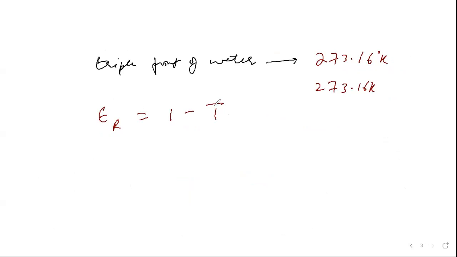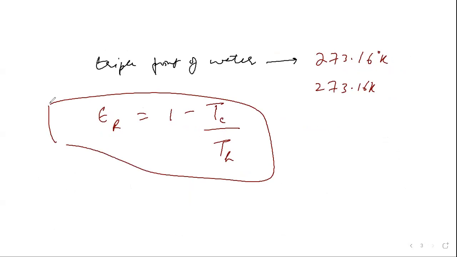You can write it 1 minus Tc by Th. So efficiency of a Carnot engine or reversible engine is given by 1 minus Tc by Th, where Tc is the absolute temperature of cold reservoir and Th is the absolute temperature of hot reservoir.